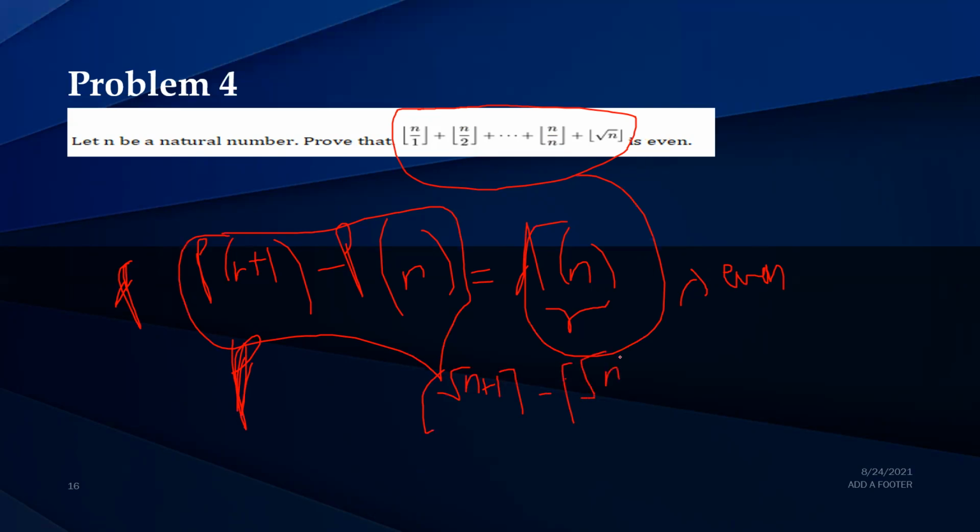And if n is not a perfect square, then actually this should be d of n plus 1. Slight mistake here.